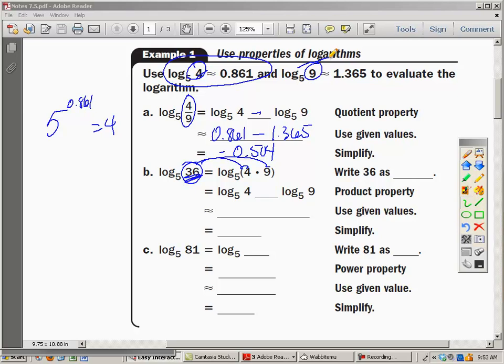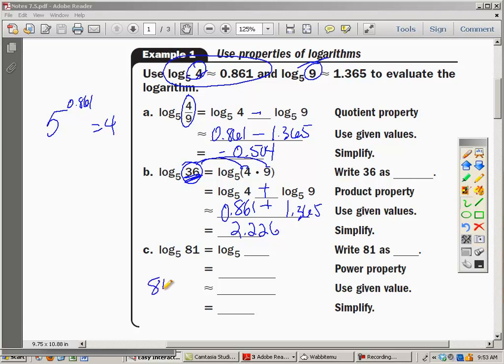Since this is the product of 4 times 9, it becomes the sum of log base 5 of 4 plus log base 5 of 9. Log base 5 of 4 is 0.861. Log base 5 of 9 is 1.365. And so when I add those two things together, I get about 2.226.